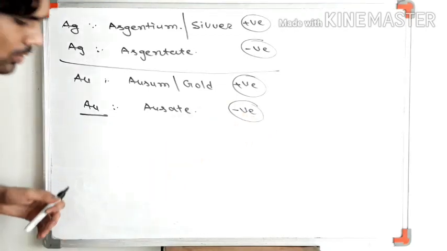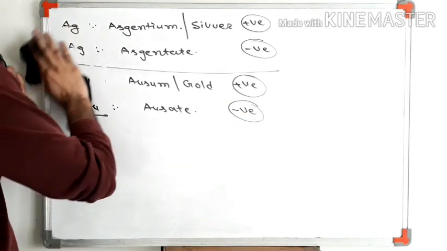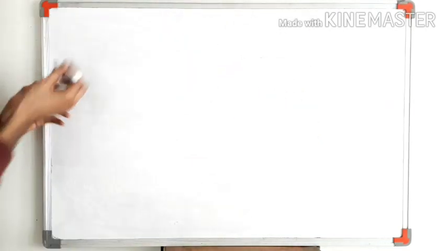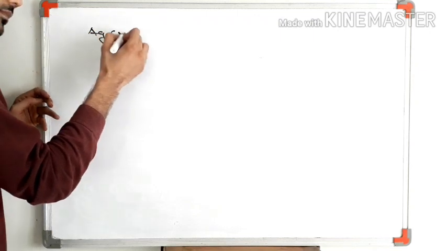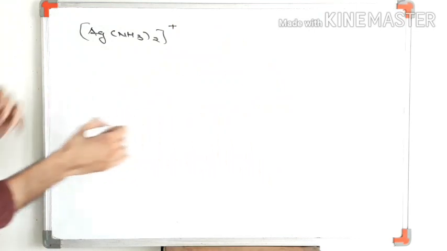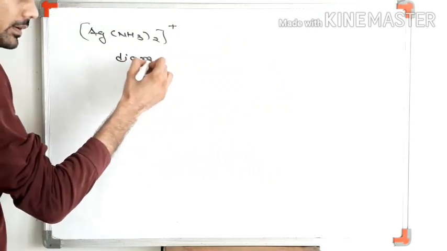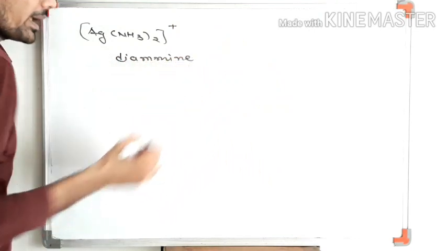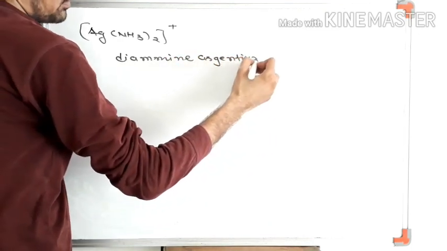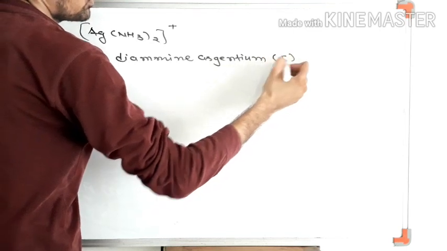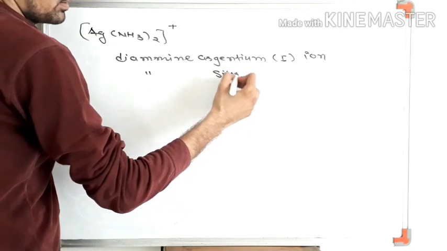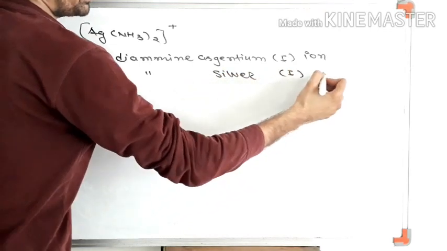Let's see what we are talking about. Like [Ag(NH3)2]+, the name should be diamminesilver(I) ion, or diamminargentum(I) ion.